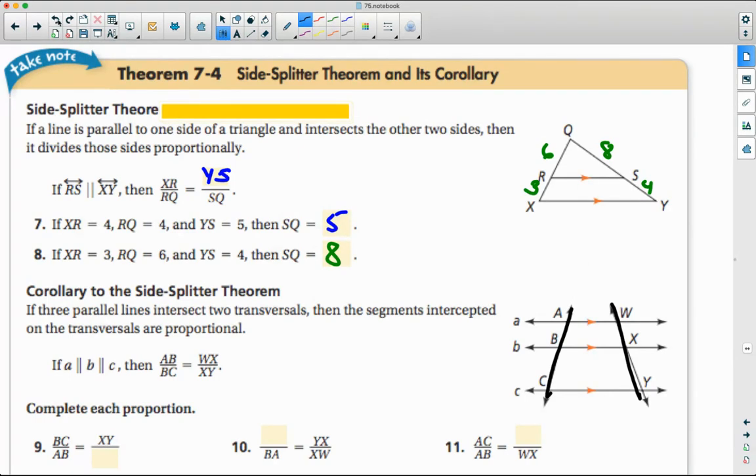So what's happening this time is we have segment AB over segment BC is equal to segment WX over segment XY, all right? So that would be AB over BC is equal to WX over XY.